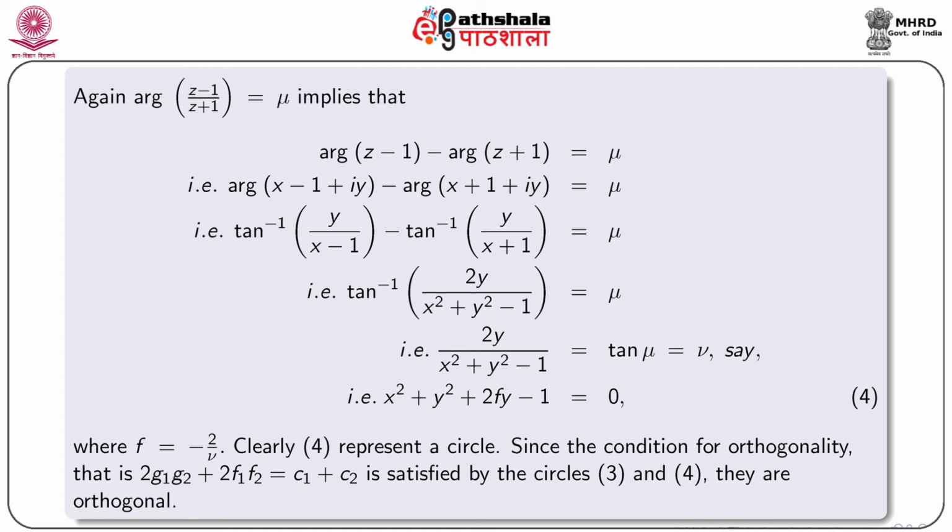Obviously, this equation also represents a circle. Since the condition for orthogonality, that is twice g1 g2 plus twice f1 f2 is equal to c1 plus c2, is satisfied by the above two circles, obviously, they are orthogonal.